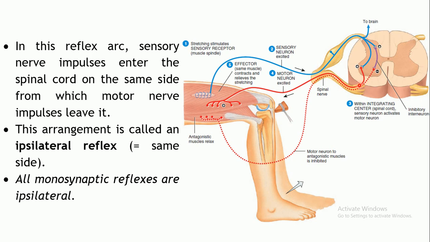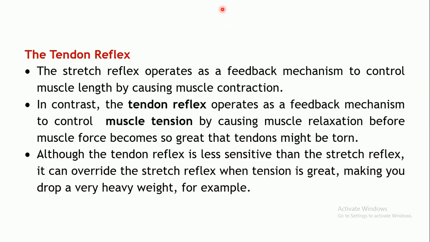So this type of arrangement of a reflex arc is called an ipsilateral reflex. Ipsilateral means same side. All the monosynaptic reflexes are ipsilateral in nature. So entry of the sensory information and exit of the motor information takes place from the same side of the spinal cord.